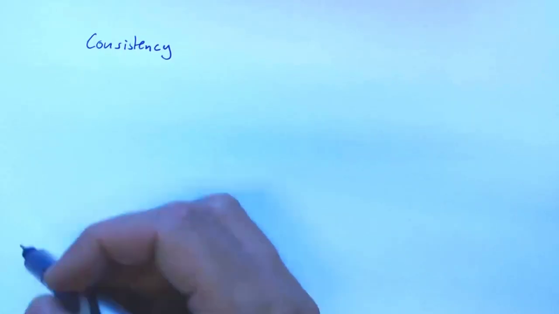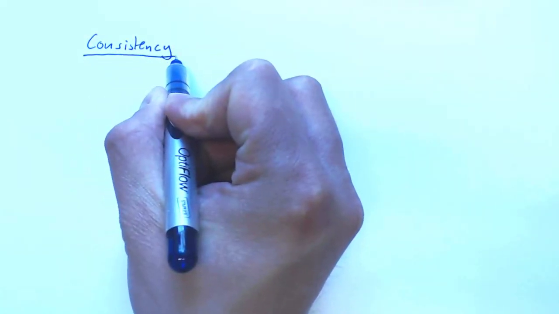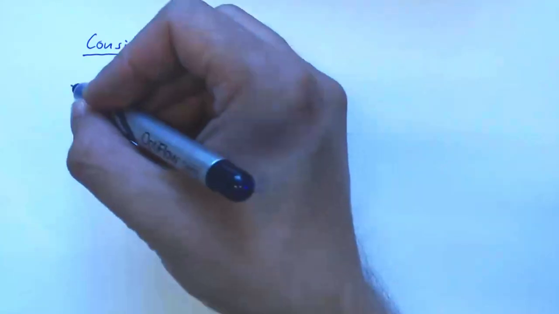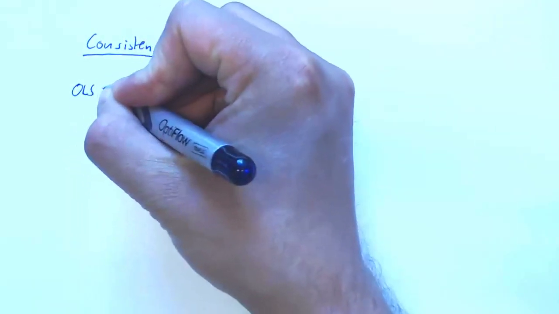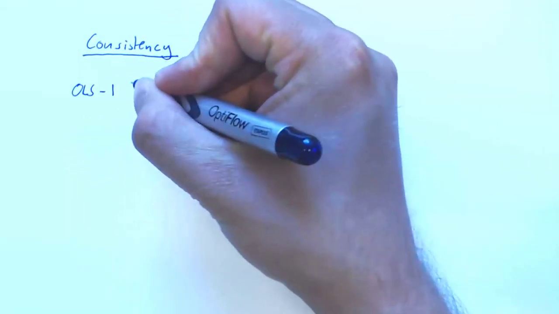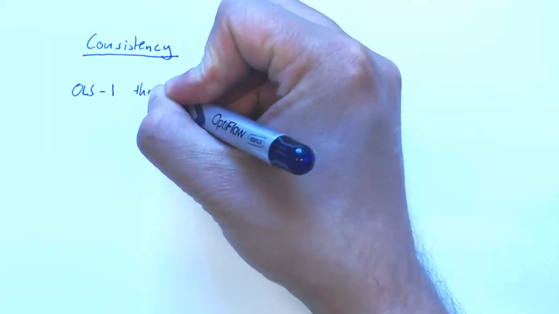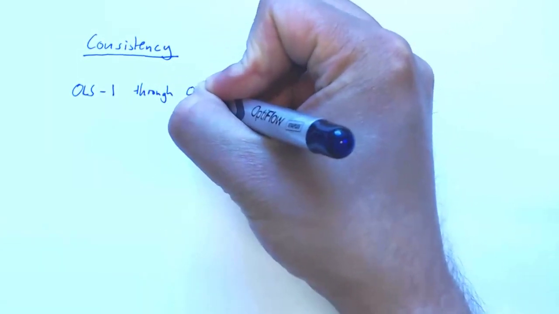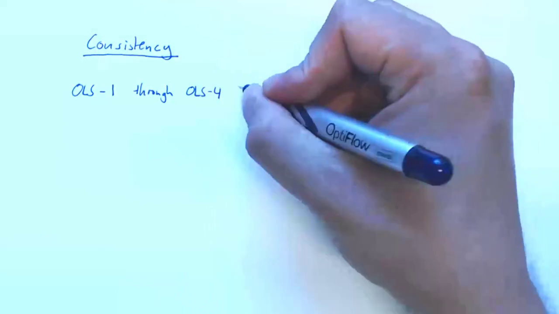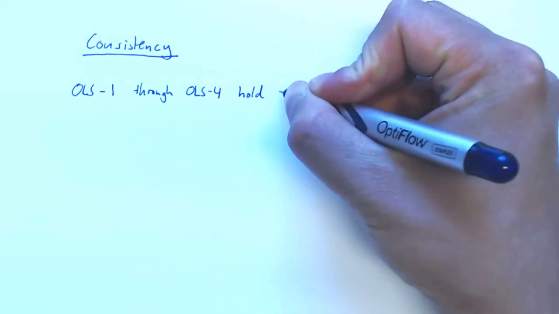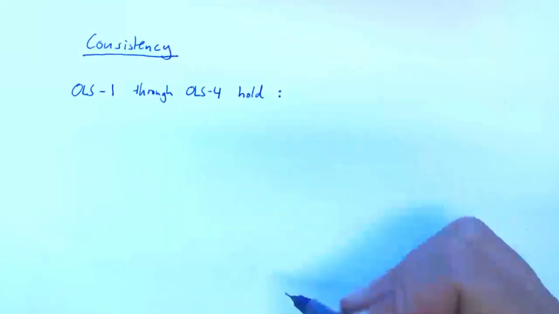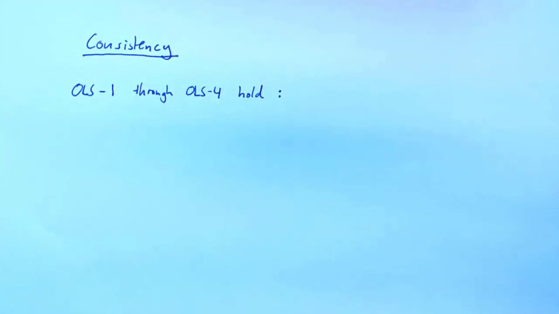So we want to look at consistency of the OLS estimator. Just like unbiasedness, consistency is a property that holds generally for the OLS estimator under some general assumptions. So if OLS 1 through OLS 4 hold, then what we can do is take samples of increasing size.